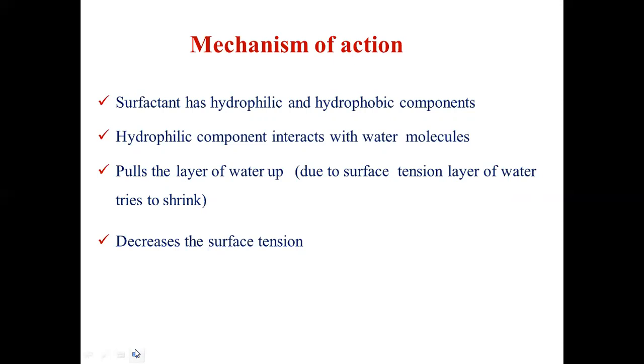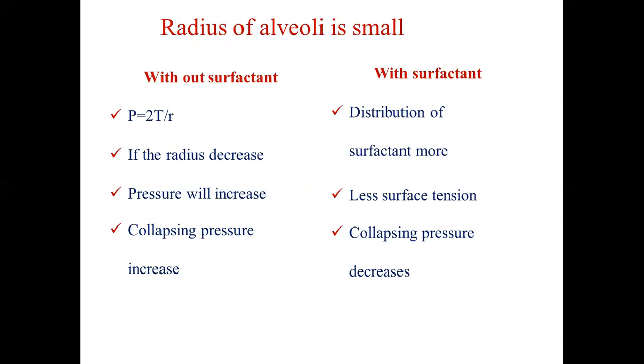The hydrophilic part interacts with the water molecules present in the fluid layer at the alveoli, and due to the surface tension, it pulls the layer of water upward. And thus it decreases the surface tension.